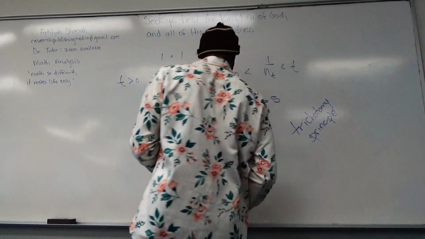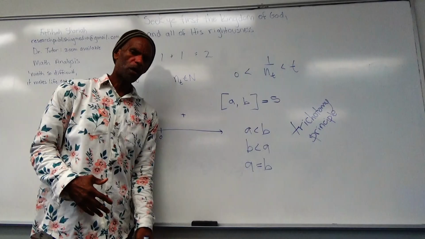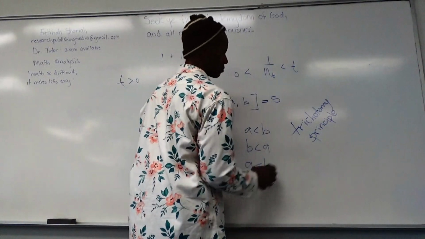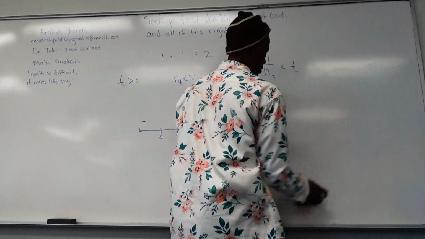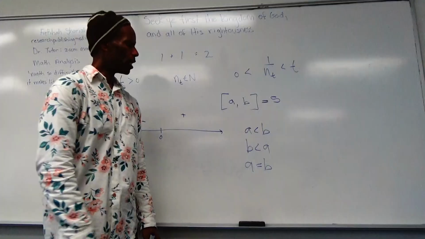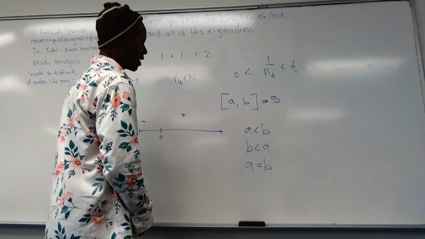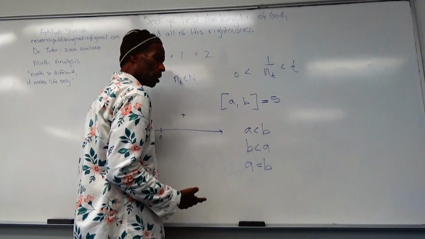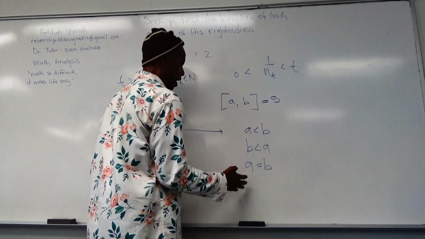So listen, look at what it says now. You talk about the relationship. Variables have a relationship. And that relationship is that A is less than B, B less than A, or A equal to B.